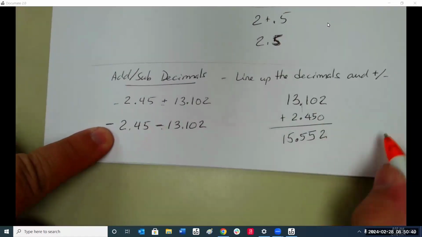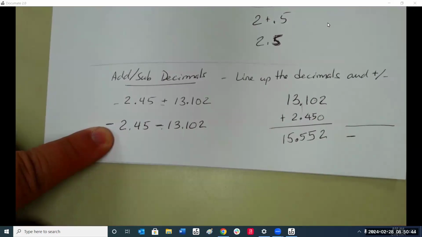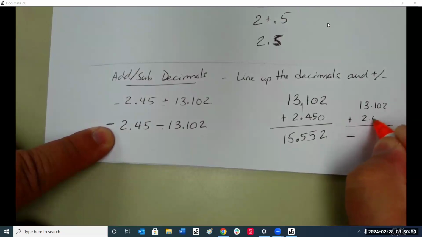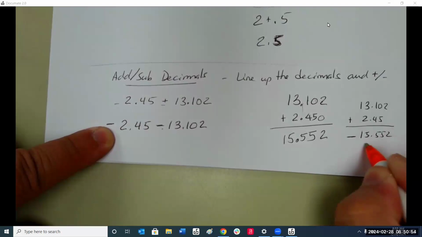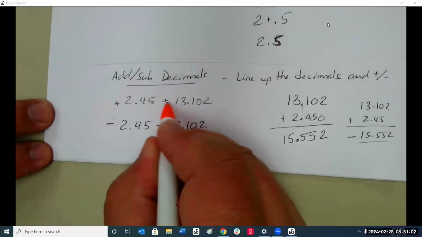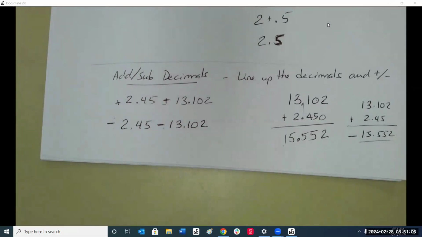Well, if the signs are the same, take the common sign, that's your answer, and then you add the numbers, right? Right. So if the signs are the same, your answer is going to be the common sign. So they're both plus. So the answer is plus. This one, they're both minuses.